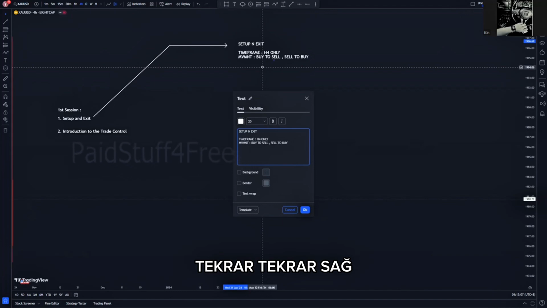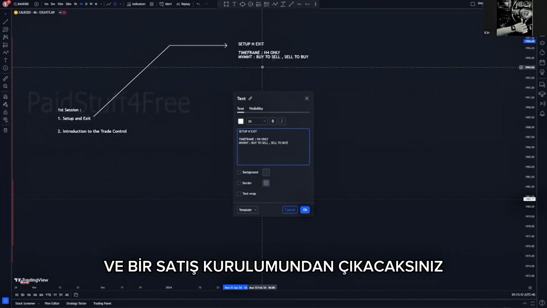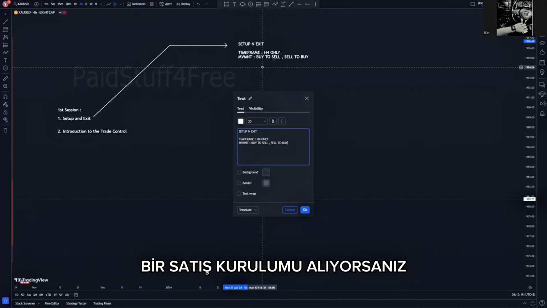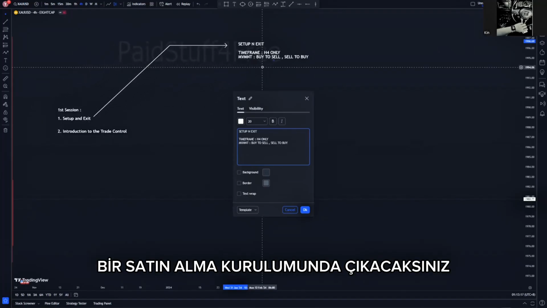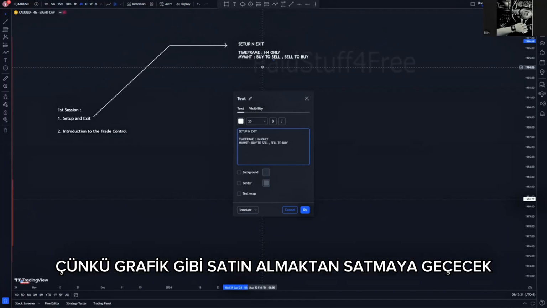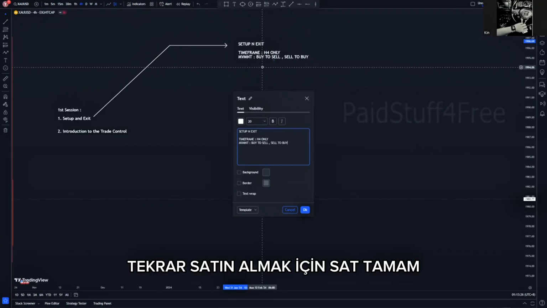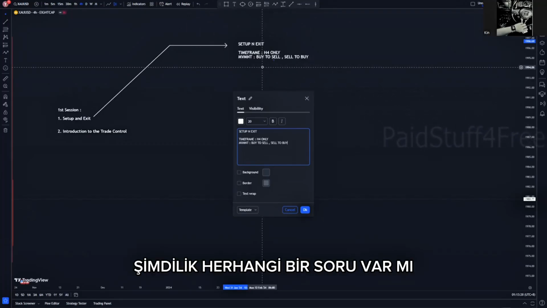Of course, if you are taking a buy on the buy setup, you are going to exit on the sell setup. If you are taking a sell setup, you're going to exit on the buy setup, which keeps on repeating like this. The chart moves from buy to sell, sell to buy, and buy to sell again. For now, is there a question?